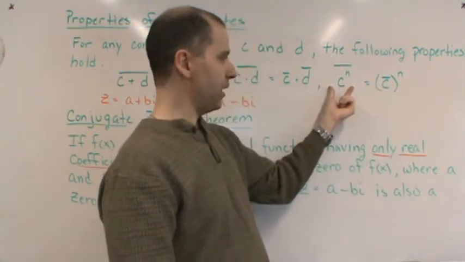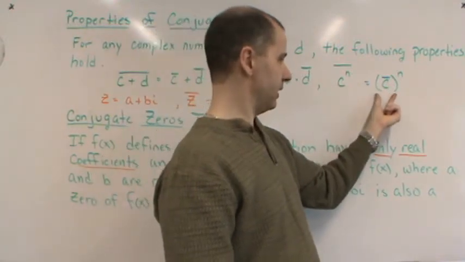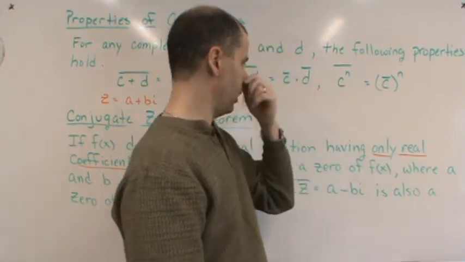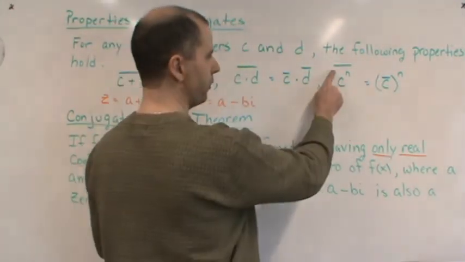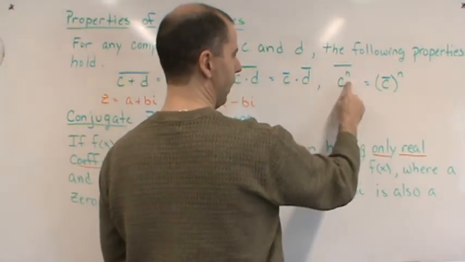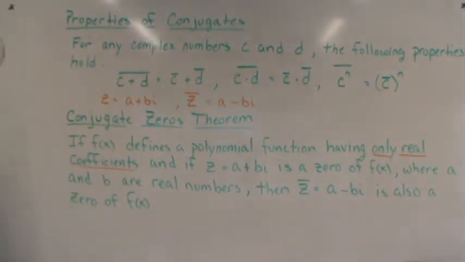So the conjugate of the power is the same as the power of the conjugate, if you will. All this is saying is we can move the bar inside and then take the power outside. And those are the properties that all complex numbers hold.